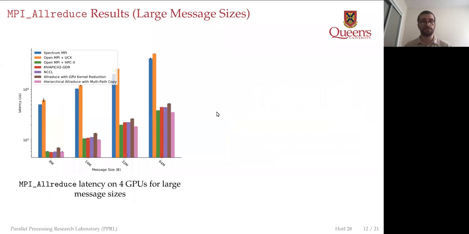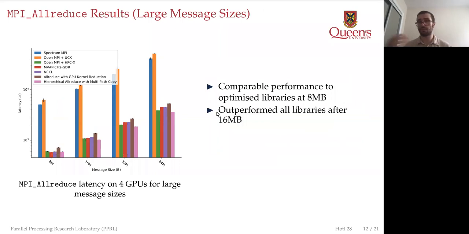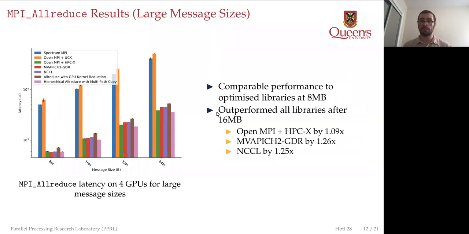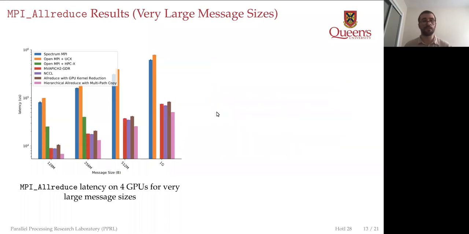And then for the message range of 8 meg to 64 meg, we saw comparable performance to optimized libraries at 8 megabytes. And at 16 megabytes is where we started to see our design perform a little bit better. So at 16 megabytes, we see 1.09 times speed up compared to HPCX, and 1.26 times speed up compared to NVLink GDR, and 1.25 compared to NCCL.